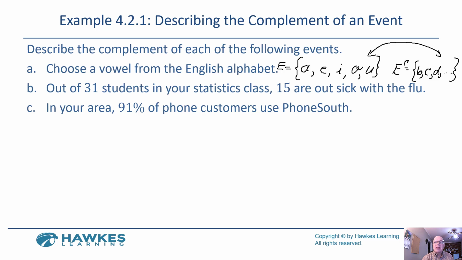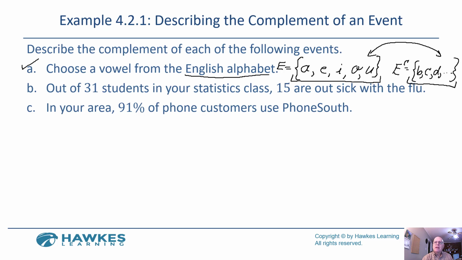There's nothing that's in both those sets. Together they make the entire sample space, which in this case is the English alphabet. So if you were working for a printing company and you got those 5 letters for your printing machine, and you got these 21 letters, then you could write anything you liked.